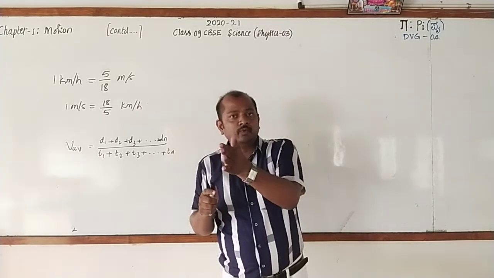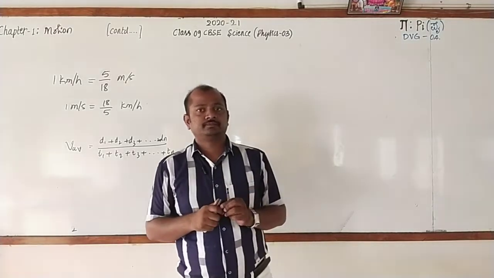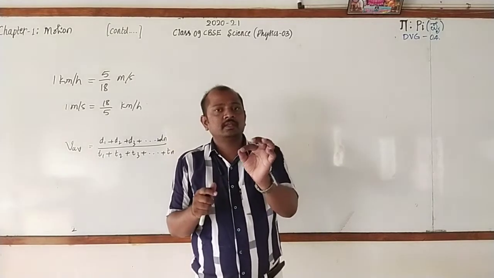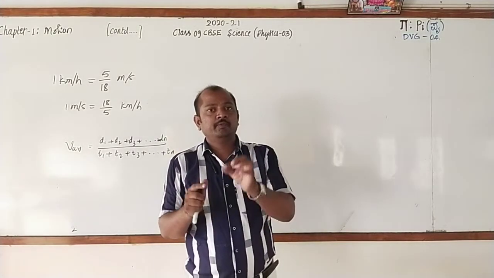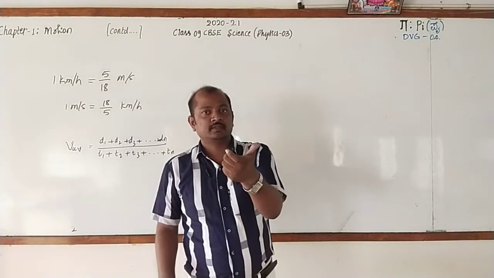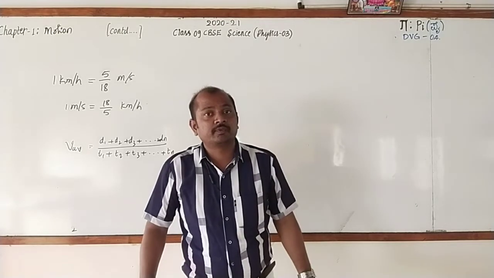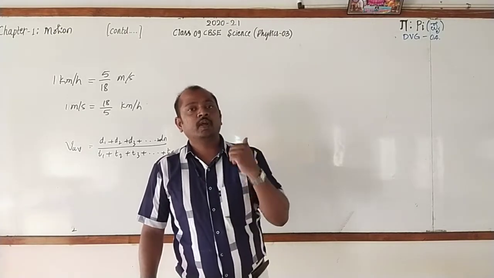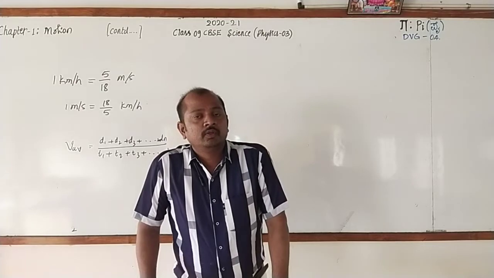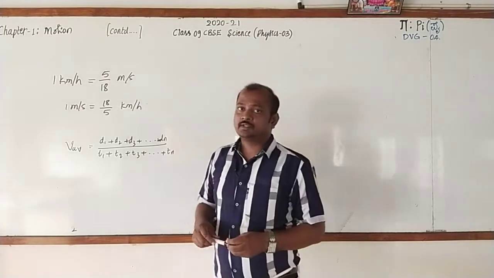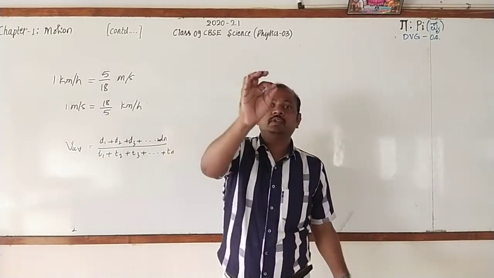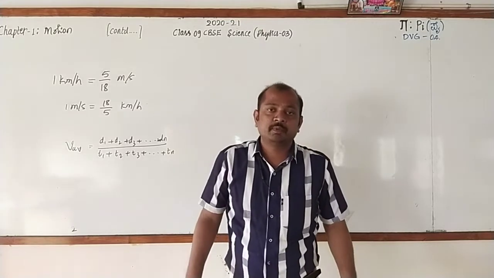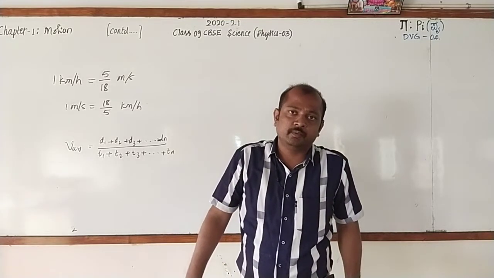When a body moves along a straight line, consider its displacement. If it is displaced equally in equal intervals of time, then what formula will you use? It is v equal to s by t, the displacement of a body in unit time.